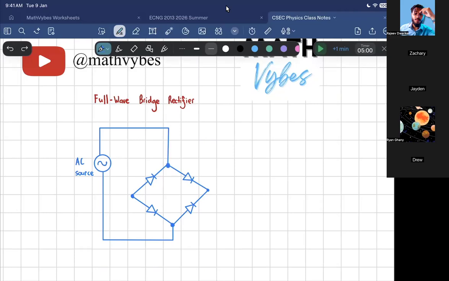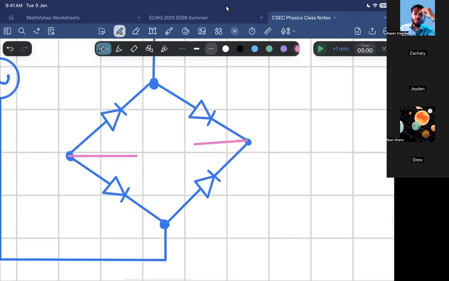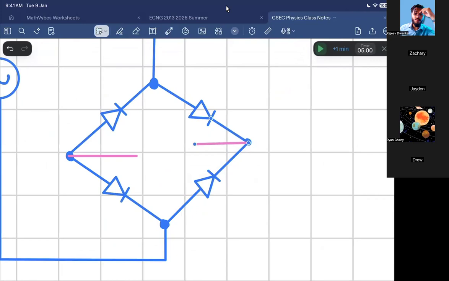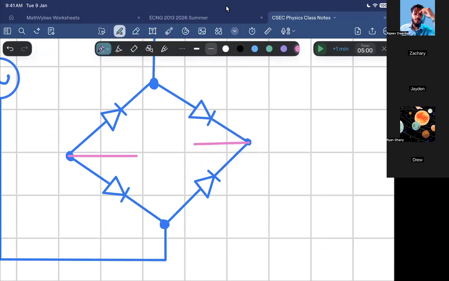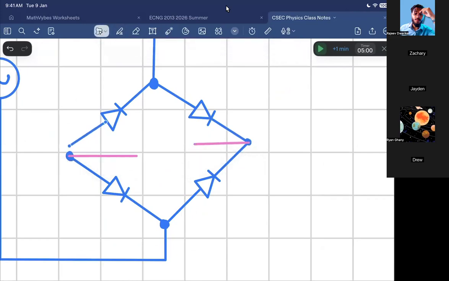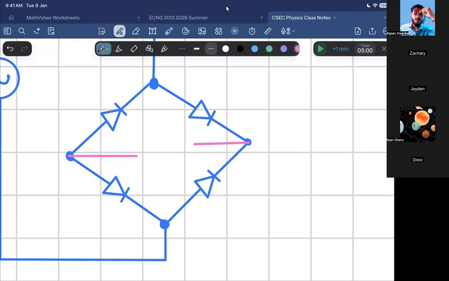Guys, yes, cool. So you connect the AC power source in this manner, and the output will be given via these two terminals here. So you get the output over here.